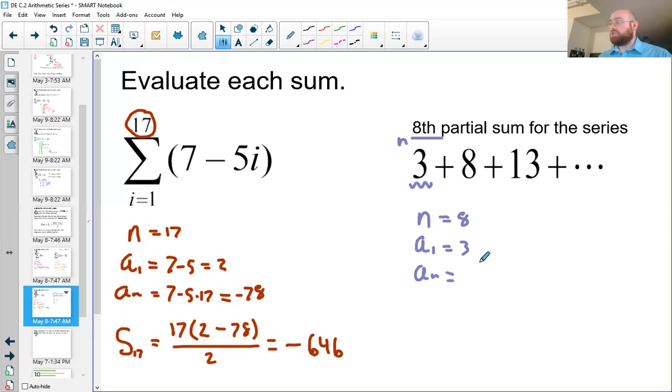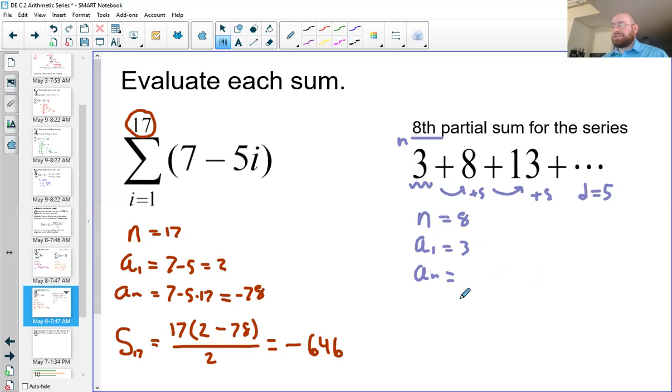So what I'm going to do is, because I can find the common difference, I'm going to write an expression for an. So to go from 3 to 8, we add 5. To go from 8 to 13, we add 5. So our common difference is 5.